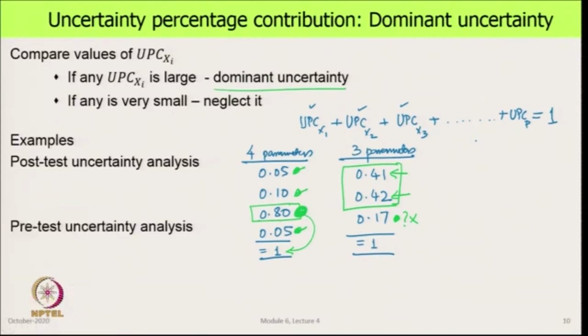And we take a third example, which has say 5 parameters. So, we have 0.002, 0.0001, 0.85, 0.10, and the remaining is over here.